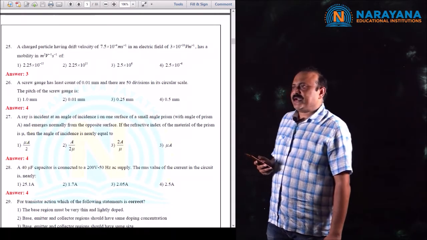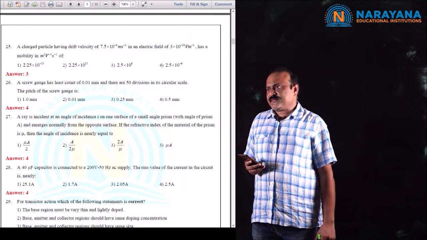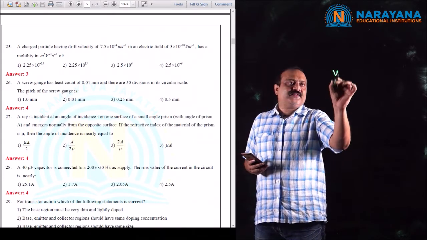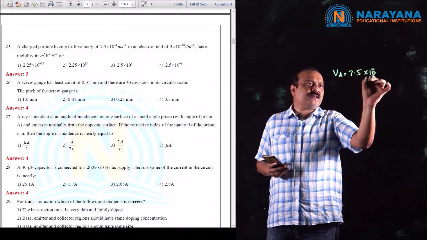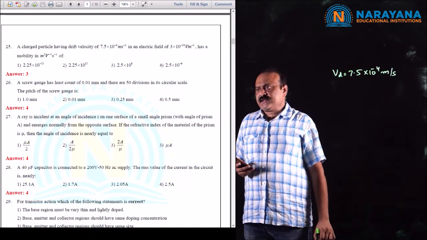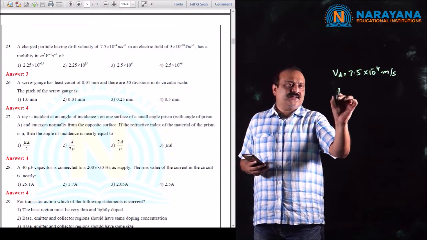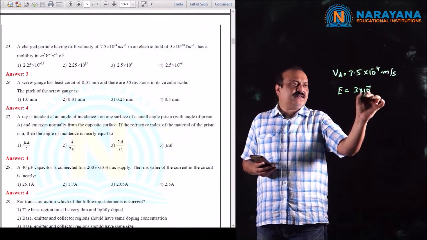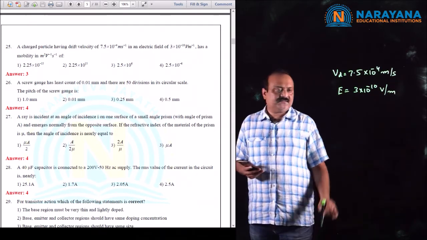Question number 25. A charged particle having a drift velocity of 7.5 into 10 to the power of minus 4 meter per second. Drift velocity Vd is equal to 7.5 into 10 to the power of minus 4 meter per second. And electric field is 3 into 10 to the power of minus 10 volt per meter. E is equal to 3 into 10 to the power of minus 10 volt per meter. Find the mobility.